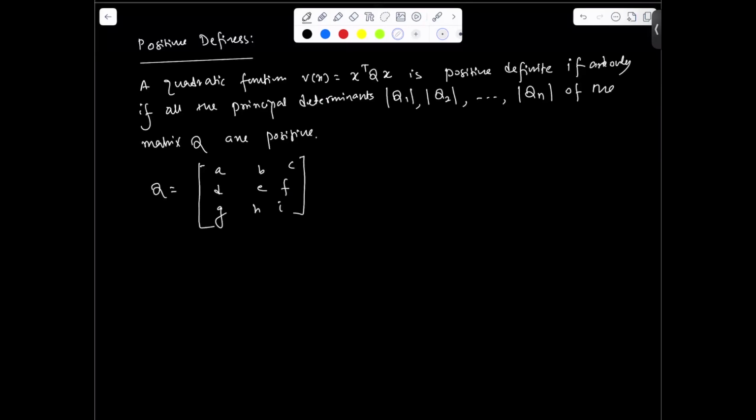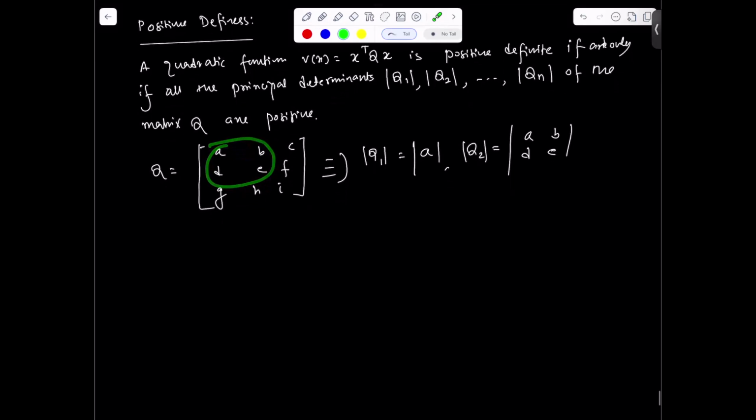From this matrix we can form Q1, which is basically A. Q2 we can form as A, B, and D, E, basically this matrix.